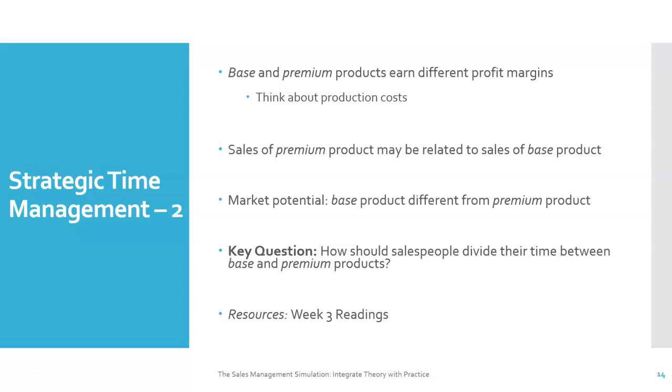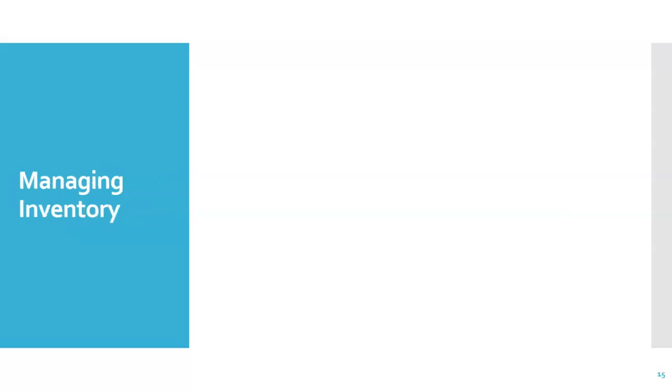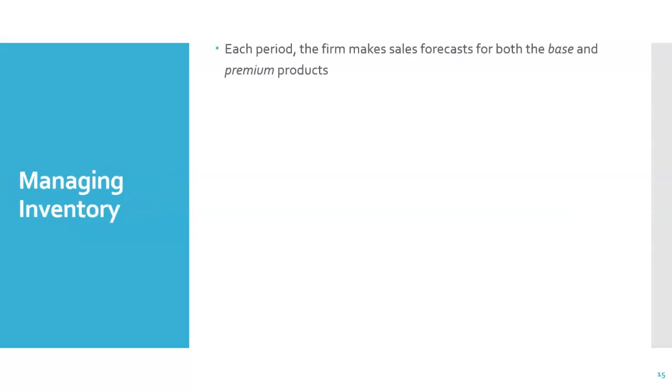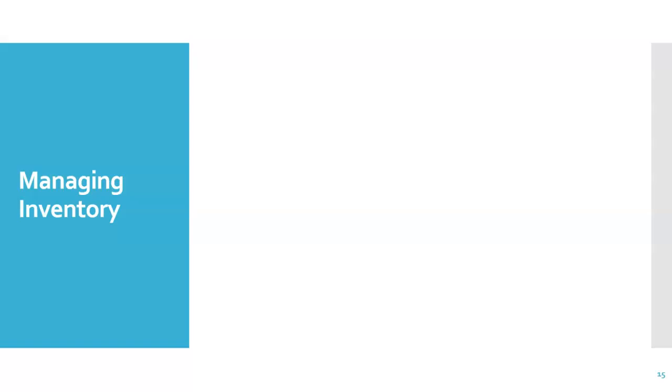But these are really important things to think about. I'm not going into more detail on a lot of this because I want you to think about what you've learned this semester and how you can apply that. Inventory. Actually, this is a good stopping point.